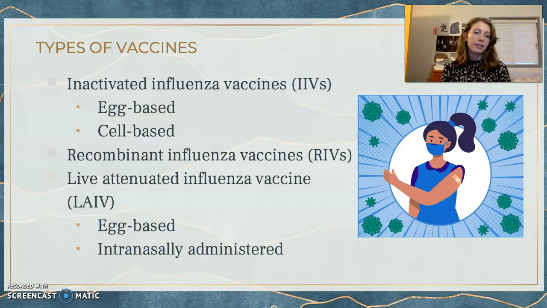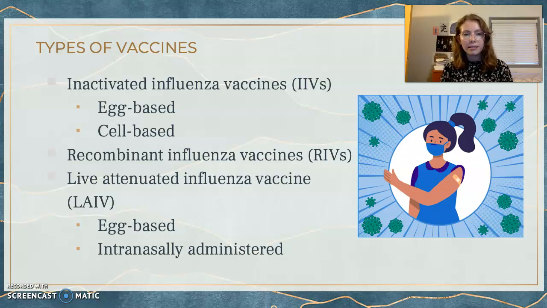Vaccines can also be differentiated based on their nature and production. There are inactivated influenza vaccines, which can be egg-based, where the virus is grown in an embryonic chicken egg and then inactivated using an alkylating agent. They're also cell-based, where the virus is grown in a cell culture to create a candidate vaccine virus, which is then inoculated in mammalian cells before it's purified.